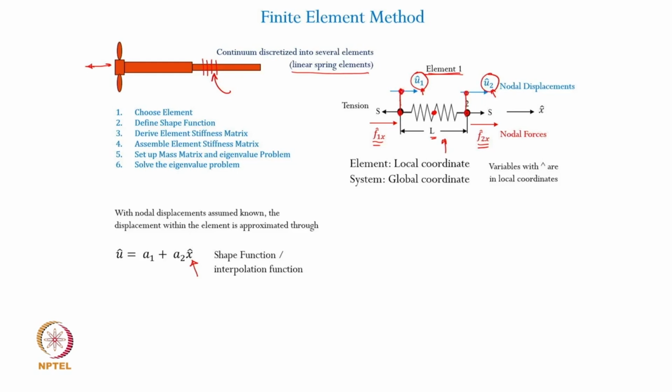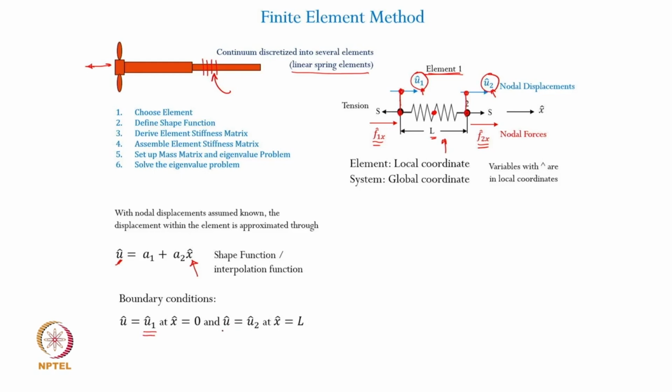So, having the nodal displacements u1 cap and u2 cap known, we can express the boundary conditions as u cap at x cap equal to 0 being the nodal displacement u1 cap at node 1.